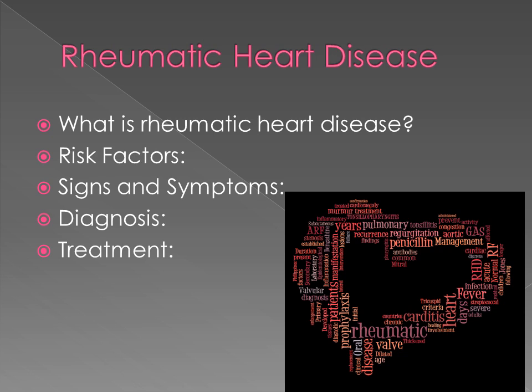Commonly, this happens in children, and the children will have a painful, red, swollen joint. It's usually a large joint like a knee or an ankle or an elbow or a shoulder that's bothering them.